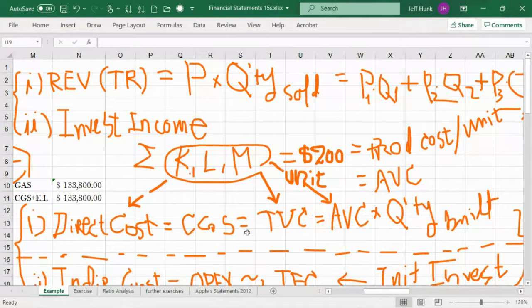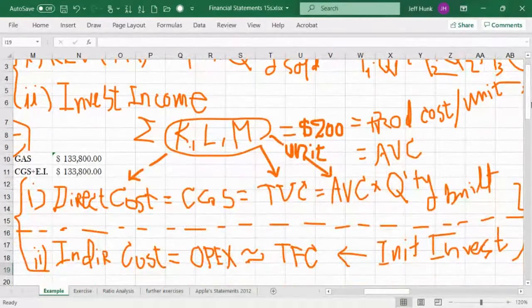I said cost of goods sold is the accounting terminology, and it is not exactly cost of goods produced, because quantity sold can be different from quantity produced, but eventually they become the same thing. The difference will be reconciled because you can drop the price to move everything out of your inventory, right?